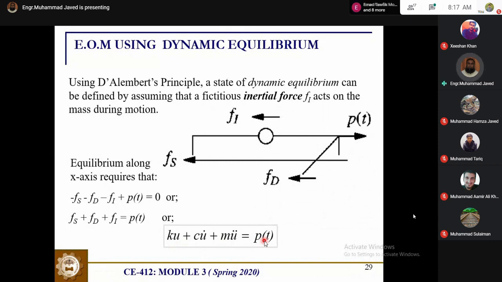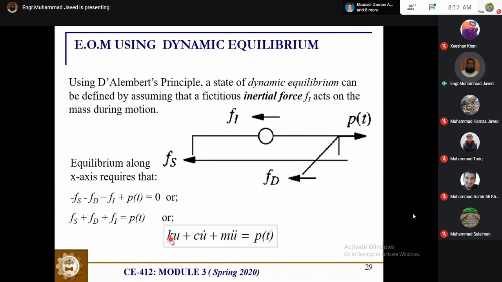So in order to develop the equation of motion, you must have stiffness, viscous damping coefficient, mass, and external dynamic force. In this, the stiffness is sometimes required to be calculated.